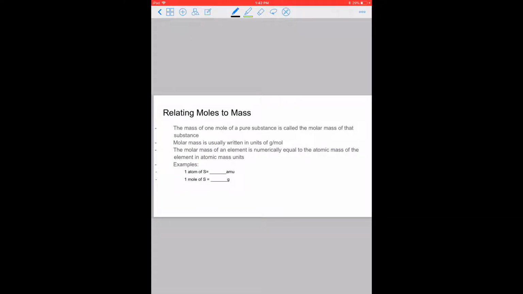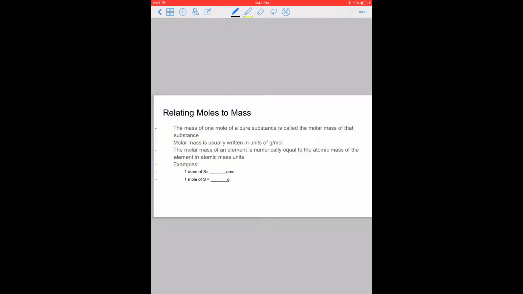So on this next slide here, we're talking about moles as relative to mass, because on the last slide we saw that if you have the same amount of moles in each of your substance, you're going to have the same amount of atoms. It doesn't matter what the atom is. But we learned a couple videos ago, a couple units back, that each of the atoms on the periodic table, each element has its own molar mass, which means that if you have a mole of one substance, it's going to weigh different than a mole of another substance.